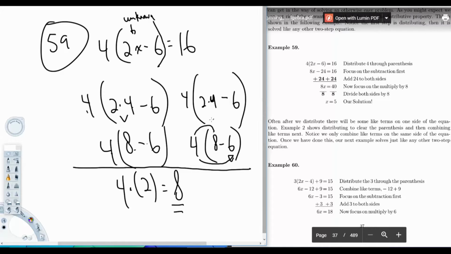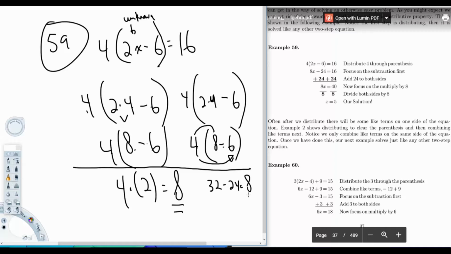You can do that because you're multiplying your parentheses by something. So anytime you see a minus or a plus sign here, you can do what's known as the distributive property. So let's take a look at this. 4 times 8 equals 32. 4 times minus 6 equals minus 24.